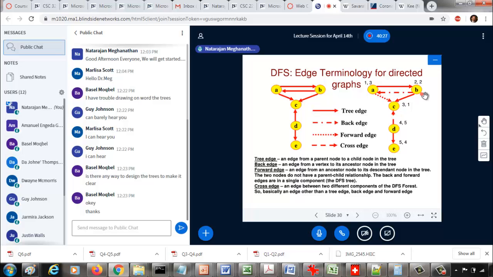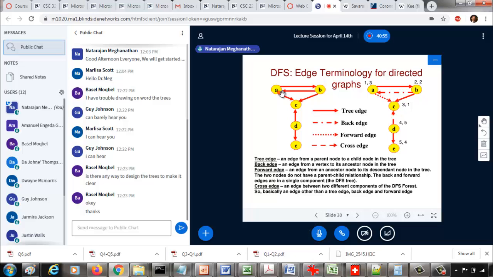Now from vertex B you try to go somewhere else. In the case of vertex B, you have an edge that goes to A as well as an edge that goes to C. This edge from vertex B to A goes to a vertex A that has already been visited, and not only that, we have to be very specific here.